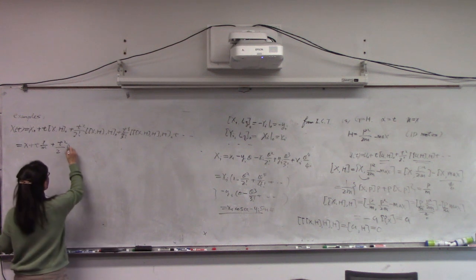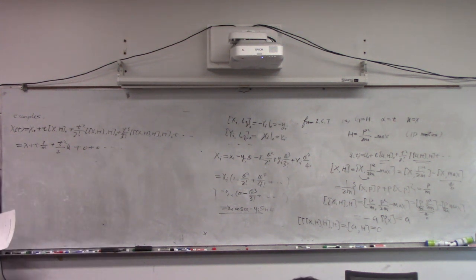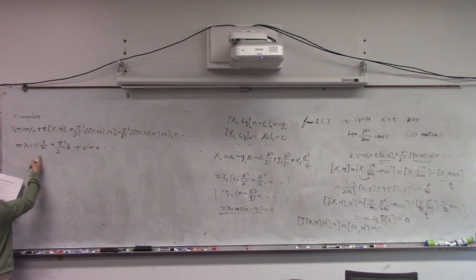Over m, and 0 for the others. So maybe I use x naught, the initial position, and the initial momentum. So that is x naught, the initial position, plus p naught over m, p naught, right?